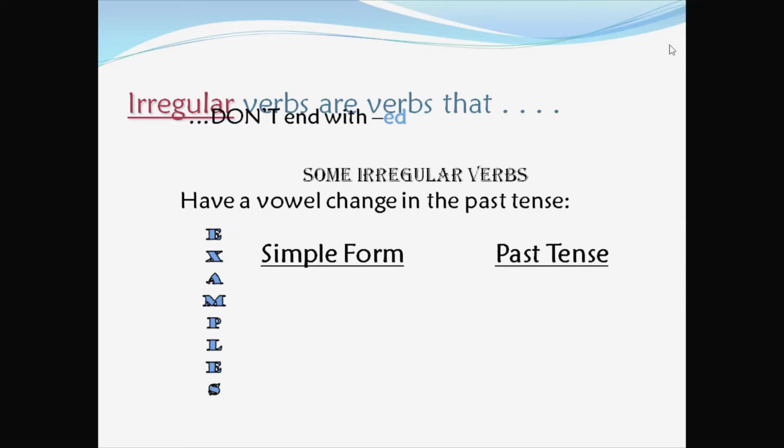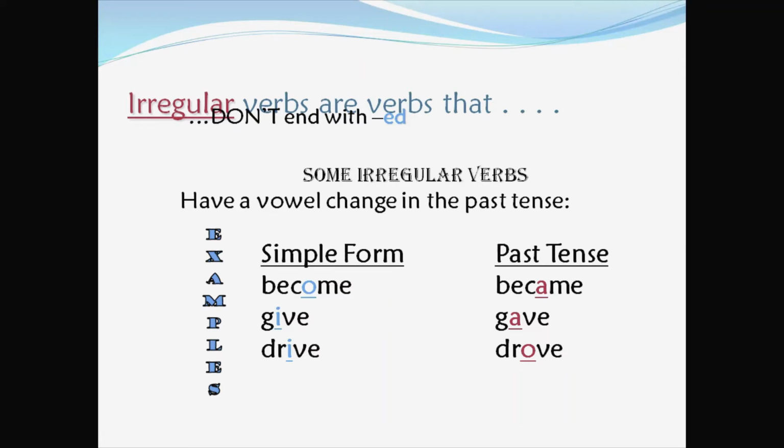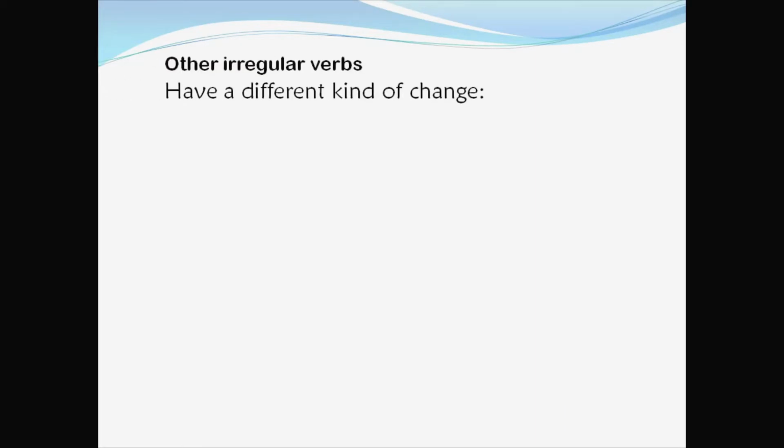Become, the vowel is changed, O to A. Give, gave: I is changed to A. Drive, drove. Forget, forgot. Now, other irregular verbs have a different kind of change. What are those different kinds of changes?